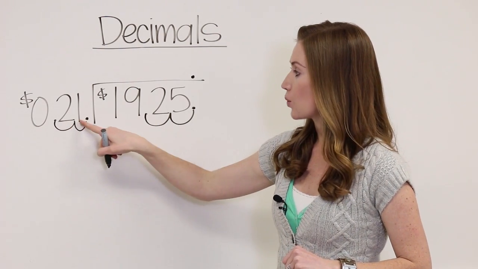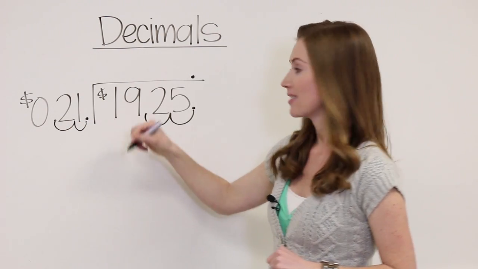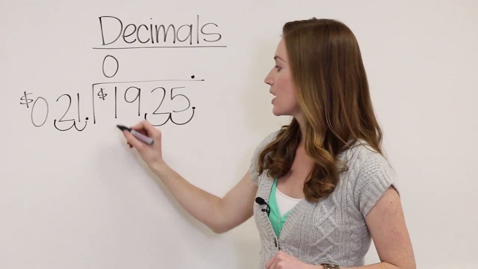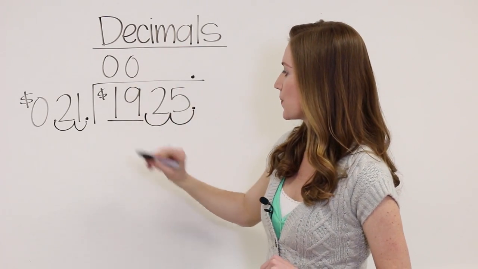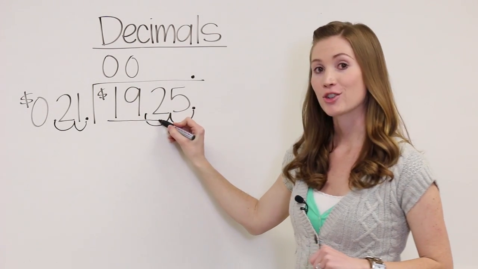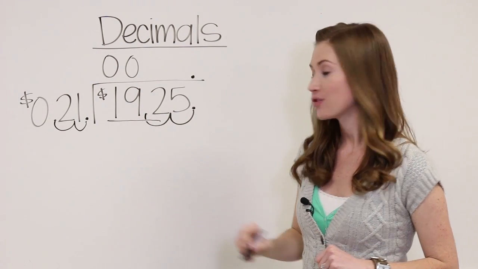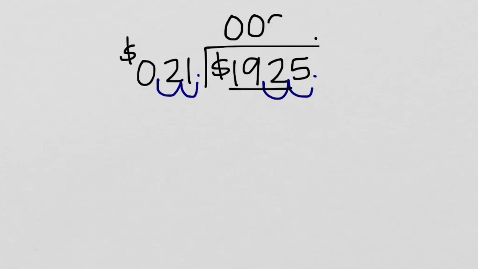How many times can 21 go into 1? 0. What about 19? 0. What about 192? 9 times. 9 times 1 is 9. 9 times 2 is 18.